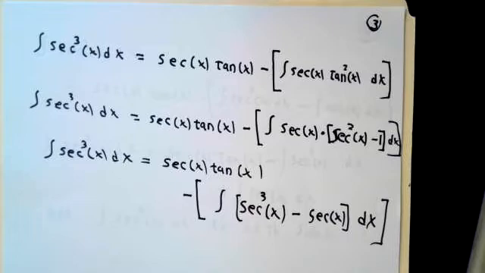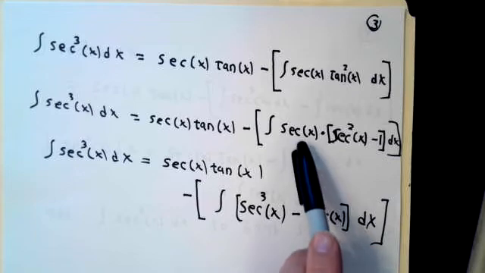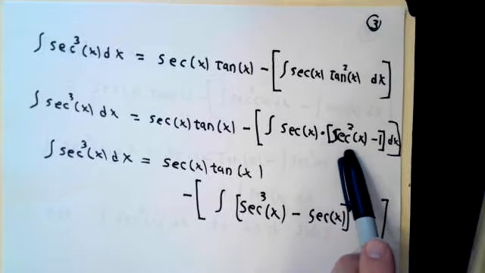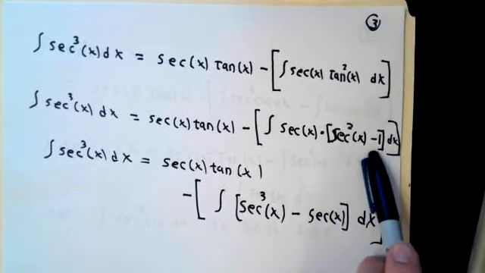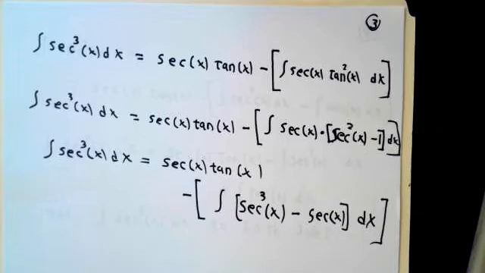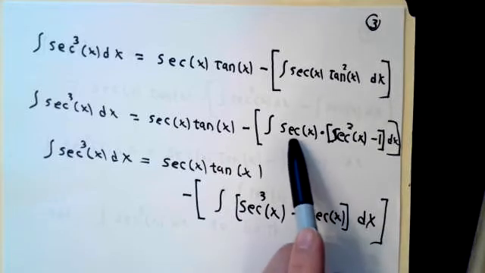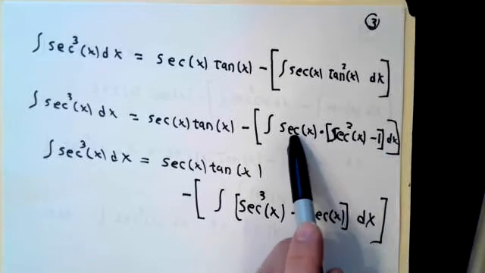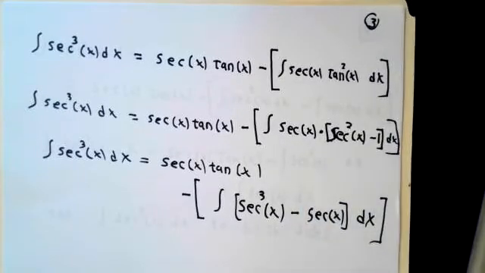The ordinary rules of algebra apply to things like the distributive law. I've got secant of x multiplied by, really it's tangent squared of x, but I've written it as the quantity secant squared of x minus 1. The ordinary distributive law is still perfectly valid. This number times that number minus this number times that number.